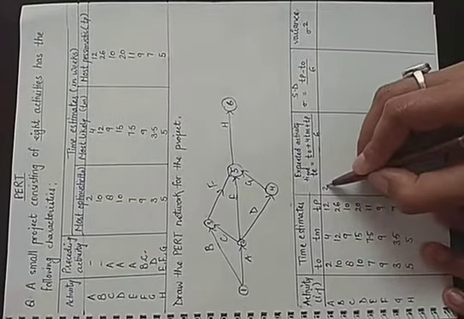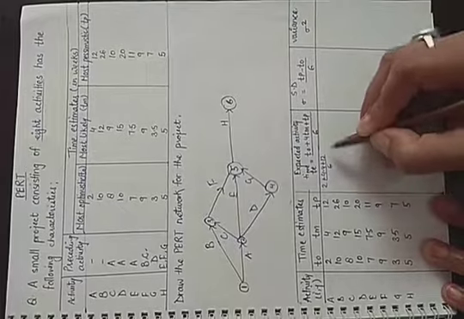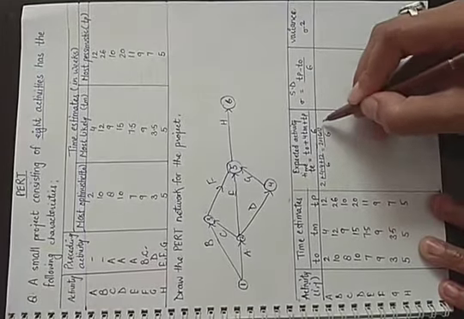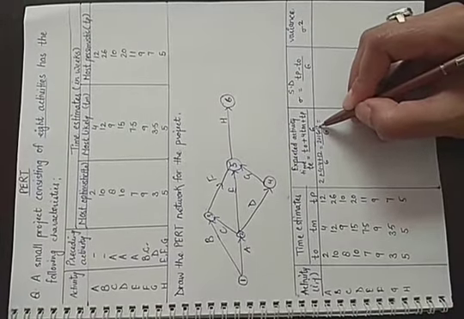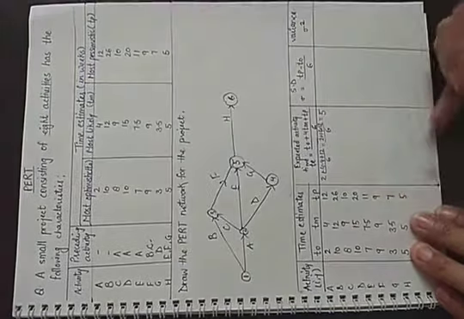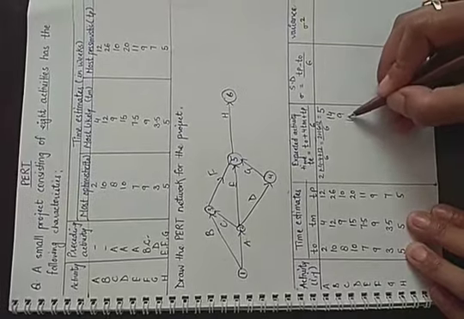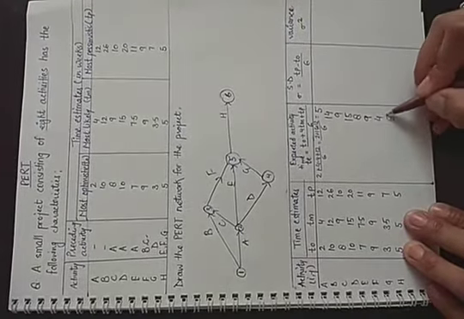TO is given 2, plus 4 into 4, plus 12, divided by 6, that is 2 plus 16 plus 12 upon 6. 2 plus 16 is 18, plus 12 is 30. 30 upon 6 is equal to 5. Similarly, you will find all the expected times. This will be 14, 9, 15, 8, 9, 4 and 5.